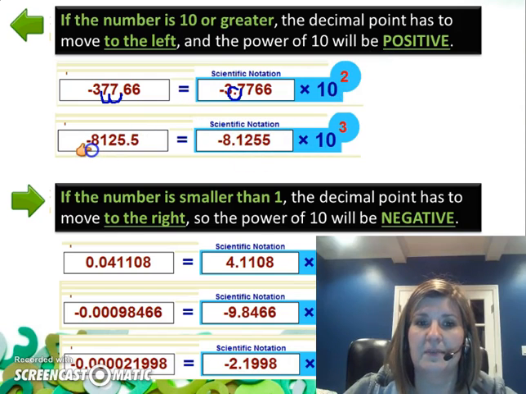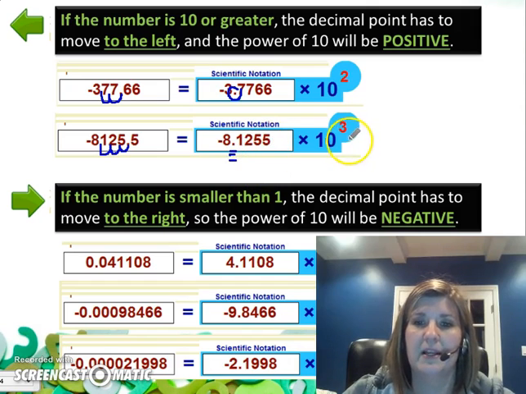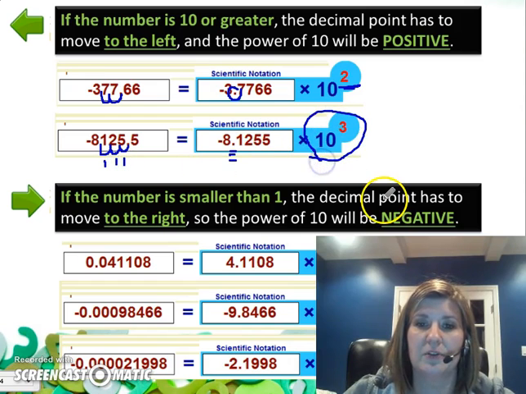Okay, if we have something as big as negative 8,125, we would move that decimal point 1, 2, 3 places to the left to get 8.125. That decimal point's now in a different spot, and instead of having 10 to the second power, we have moved our decimal point 3 places, so our exponent is going to be 10 to the third.